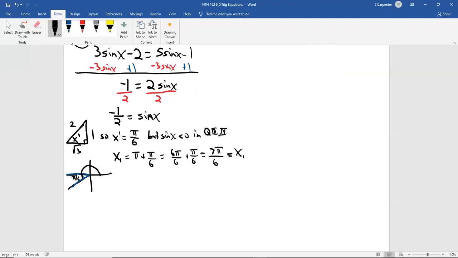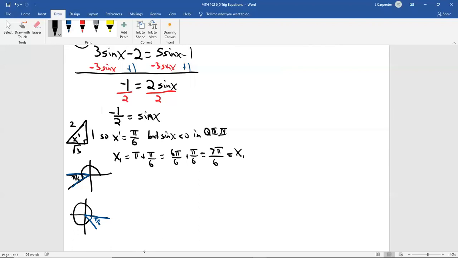Now let's hold on to that. What's the second solution? The second solution, we need to put that reference angle in quadrant 4 instead. So now, this is our reference angle right here of pi over 6, but we need to find the actual angle here, starting from the positive x-axis and going counterclockwise until we hit that.